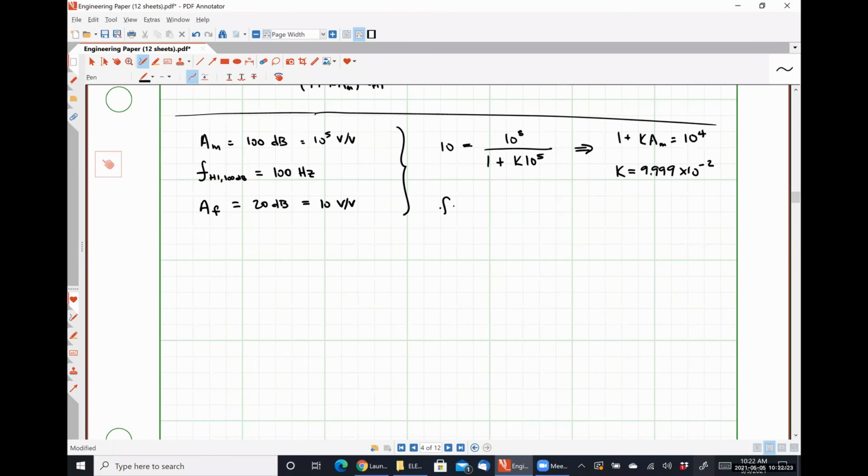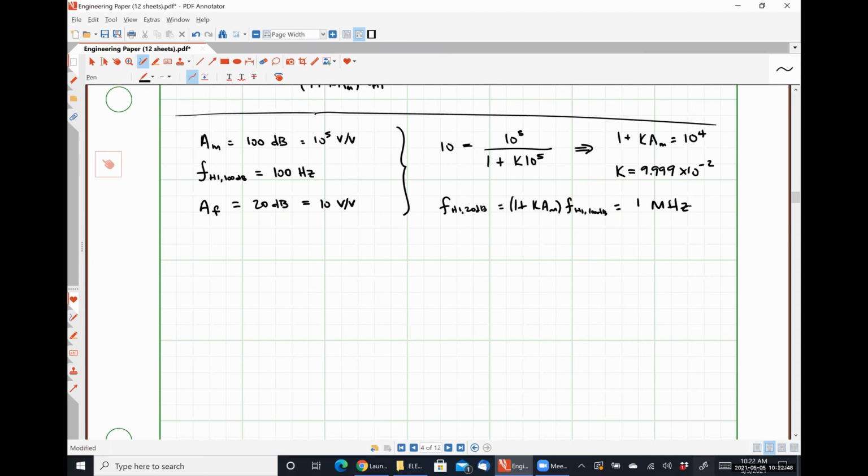So our new high frequency cutoff at 20 decibels is simply 1 plus K A_M times our old high frequency cutoff, which occurred at a gain of 100 decibels. That is 100 times 10 to the 4, which is 1 megahertz.